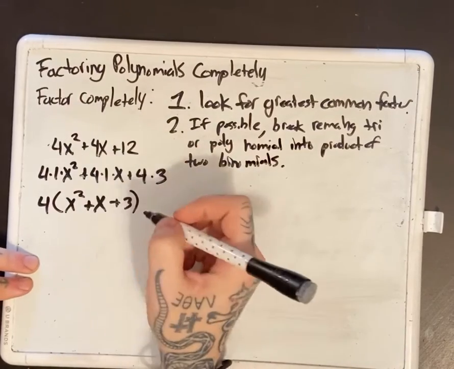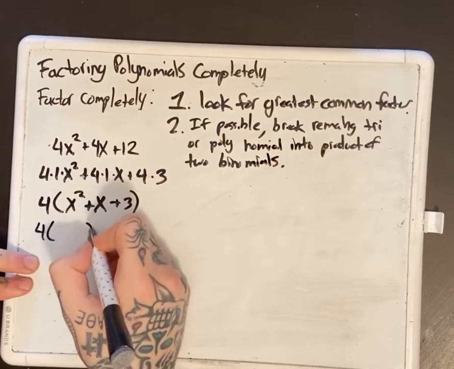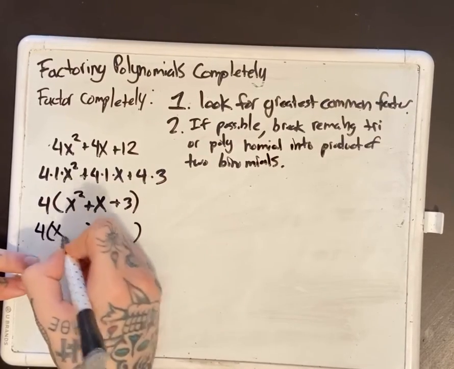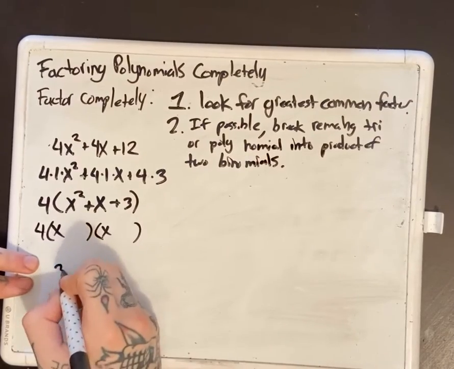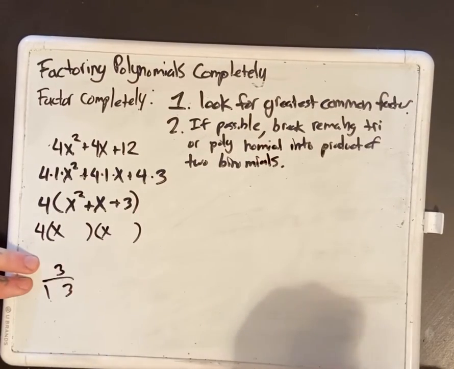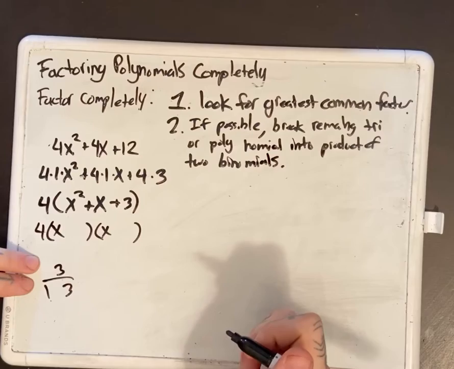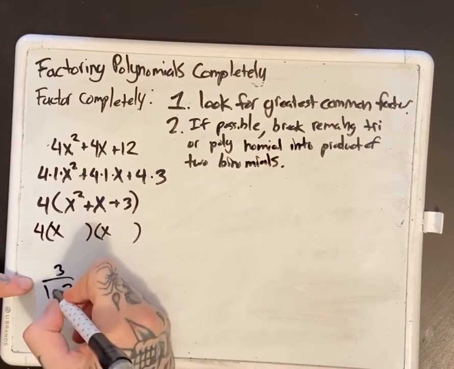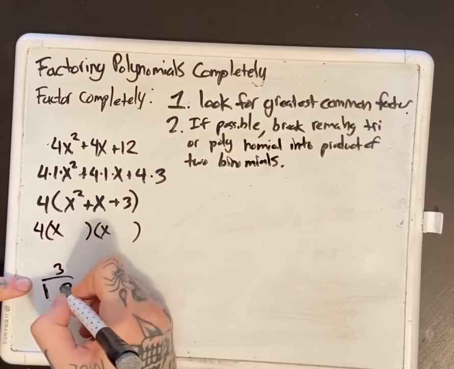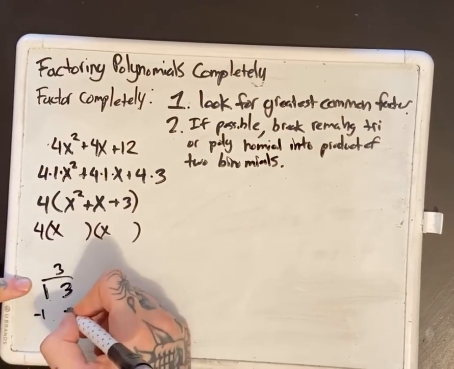So now our next step is to break it into two binomials. So we already know it's going to look something like this with an x term here and here because of that first x. So now we just have to factor 3, 1 and 3. So these are the only factors. I guess it could also be -1 and -3.